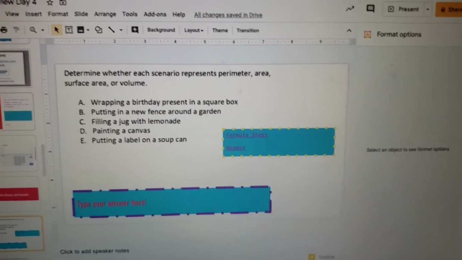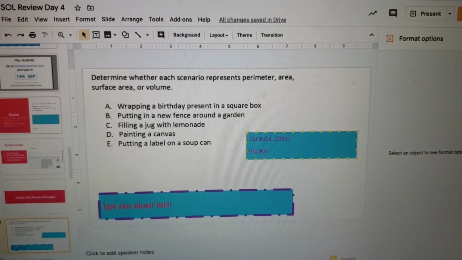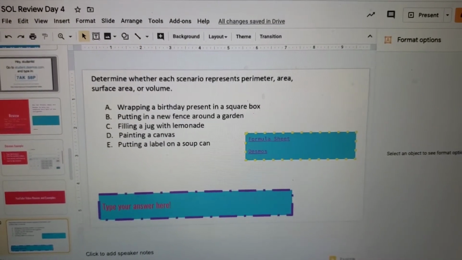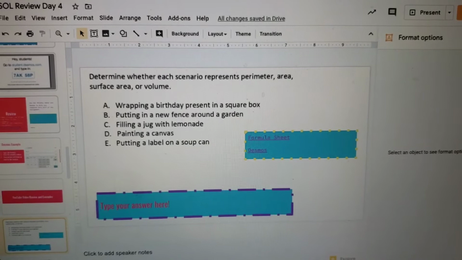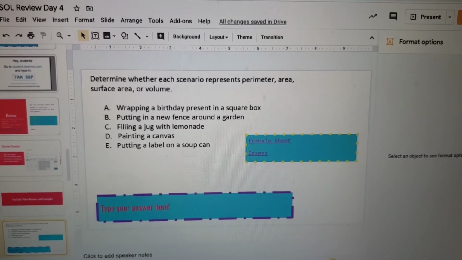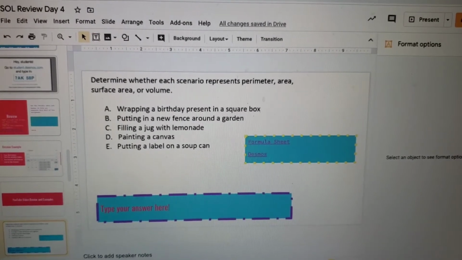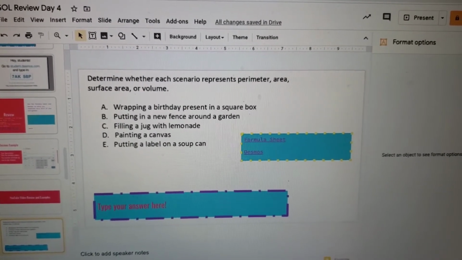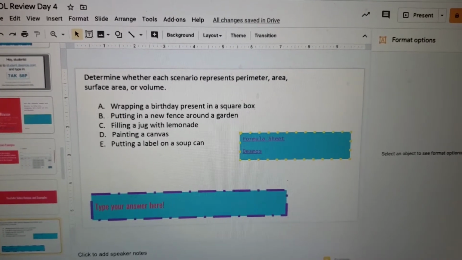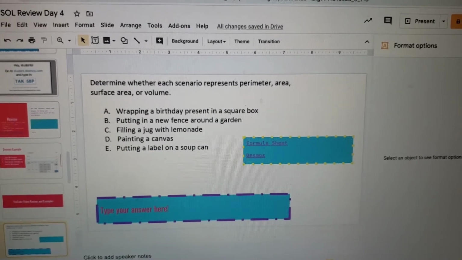Filling a jug with lemonade, that's the inside measurement, and that would be volume. Painting a canvas. This is kind of like laying carpet. How much paint you're gonna need is determined by how big the canvas is, and you're doing just the one side, so that would be area. And putting a label on a soup can, that's around the outside, so that would also be surface area.